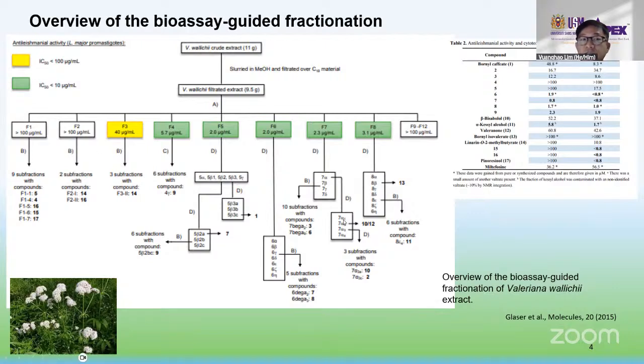Although this strategy has been extremely successful, it is also very time consuming and very labor intensive. It also overlooks synergistic interactions among multiple compounds present in the extract. This limitation has encouraged researchers to adopt metabolomics-based approaches.